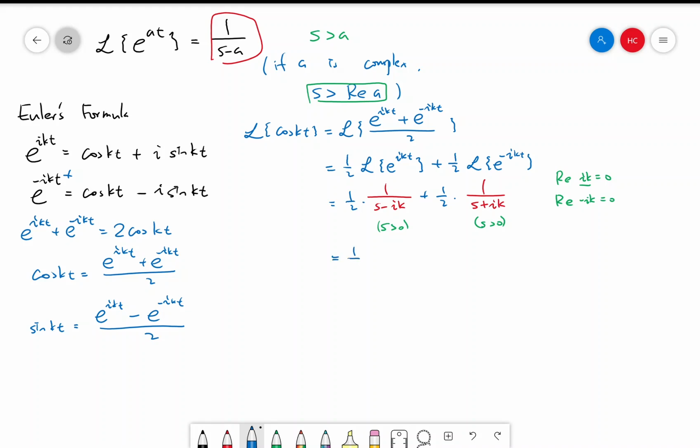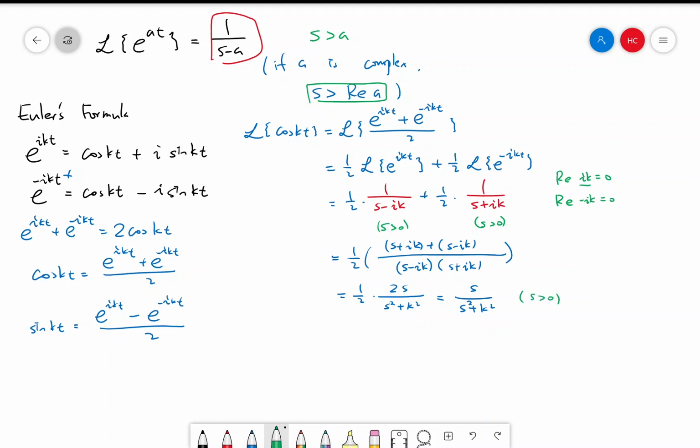So we get 1/2 times, the common denominator is s minus ik times s plus ik, and the numerator is s plus ik plus s minus ik. So this is equal to 1/2 times 2s, and the denominator is s squared plus k squared. So this is equal to s over s squared plus k squared, for s greater than 0.